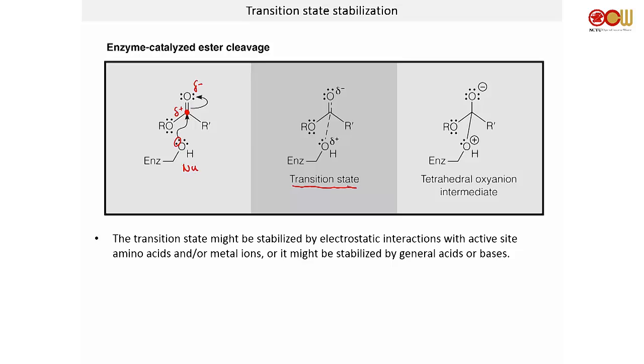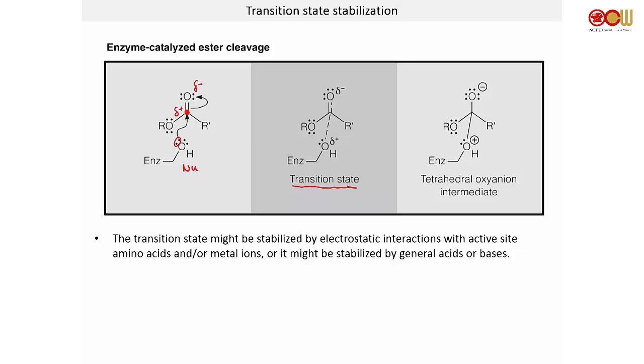Number one, you should be very comfortable with the arrow pushing, whatever the mechanism. Arrows represent movement of electrons. You always go from electron rich to electron poor places. Now, let's say you have an enzyme catalyzed ester cleavage.